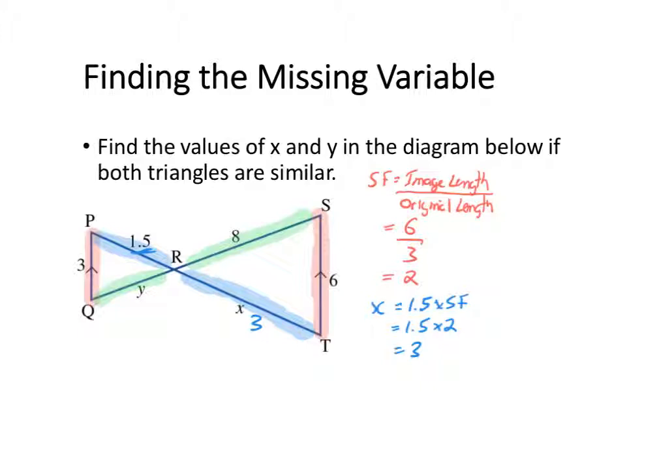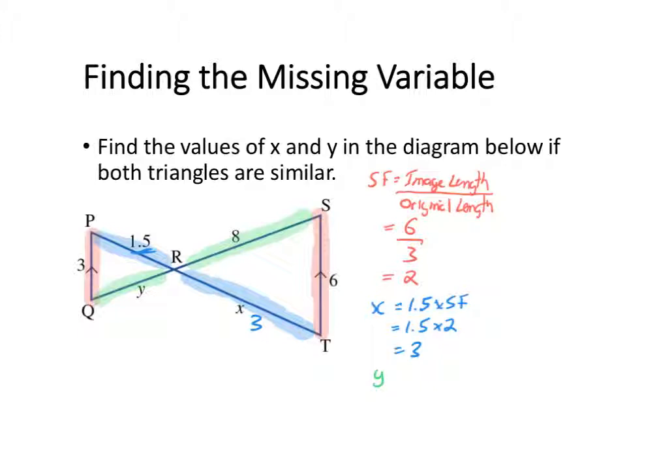This time I am going from the bigger shape or the image shape down to the smaller shape or the original shape. So this time I need to locate the corresponding side on the image and divide it by the scale factor.